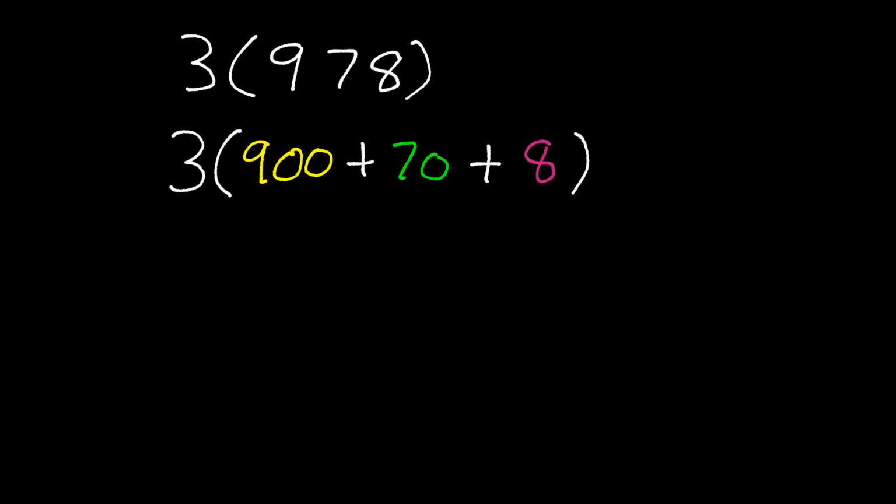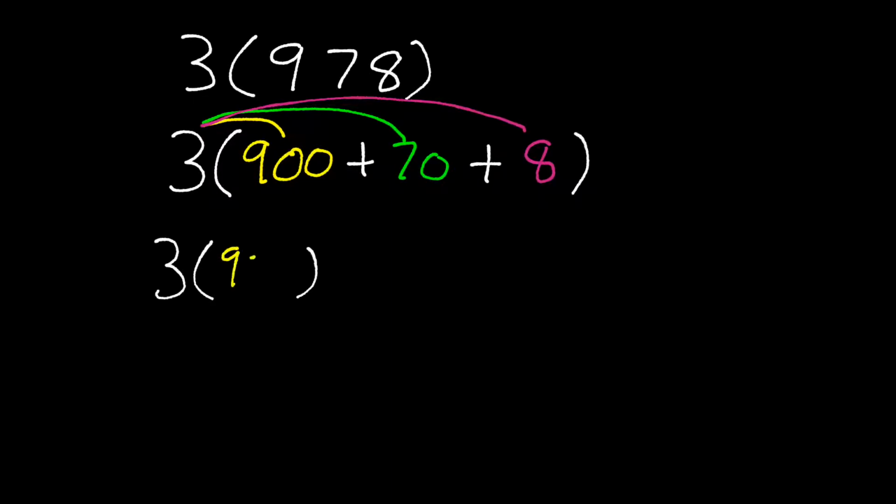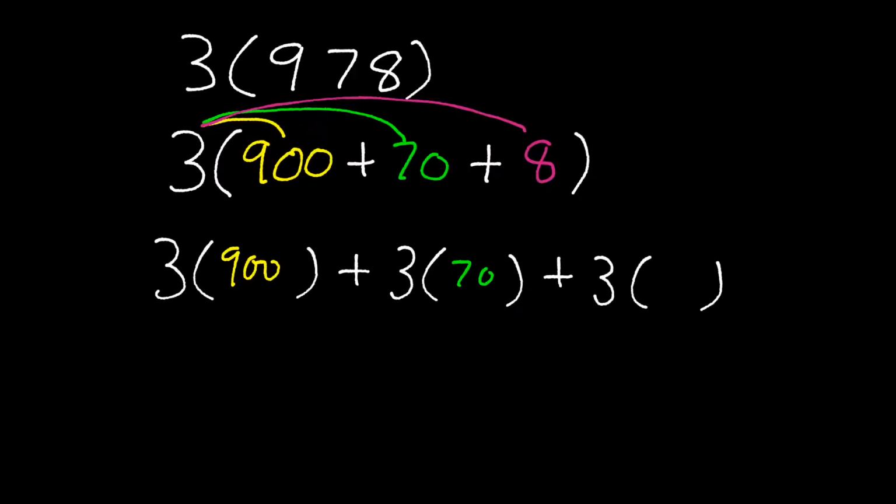I'm going to do my distributive property, so I'm going to have to distribute the 3 to the 900, the 3 to the 70, and the 3 to the 8. That's going to give me 3 times 900 plus 3 times 70, and lastly plus 3 times 8.